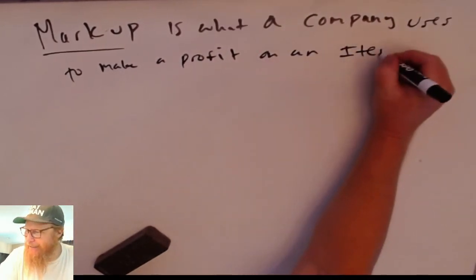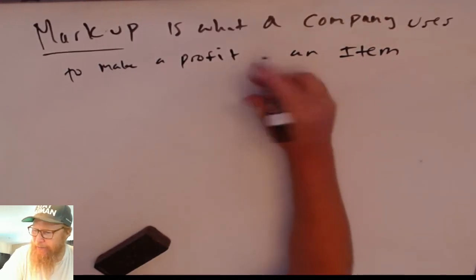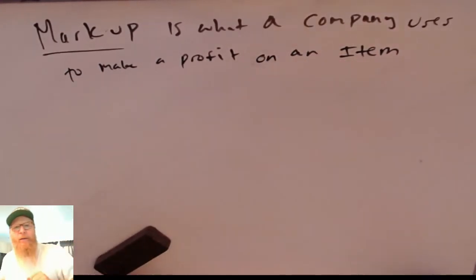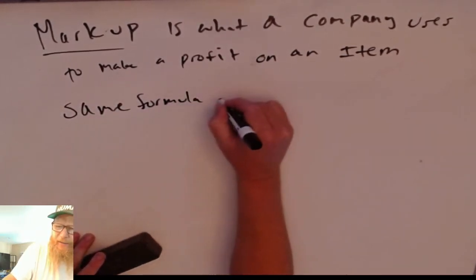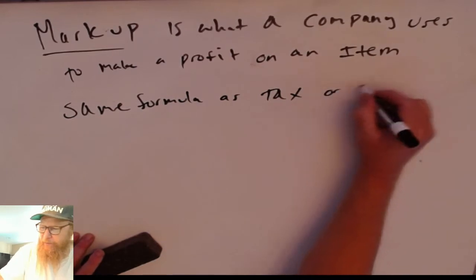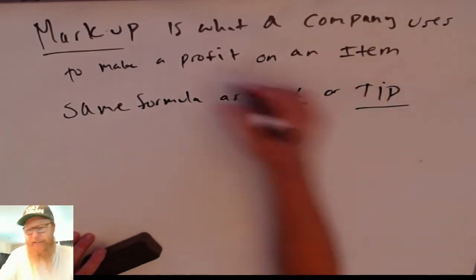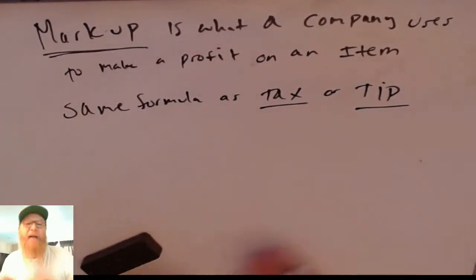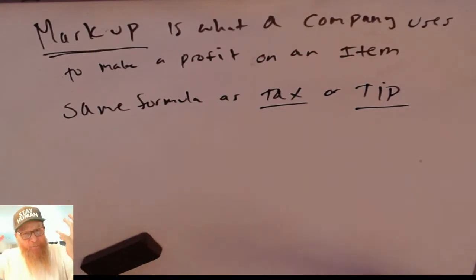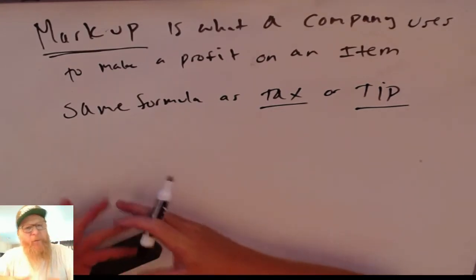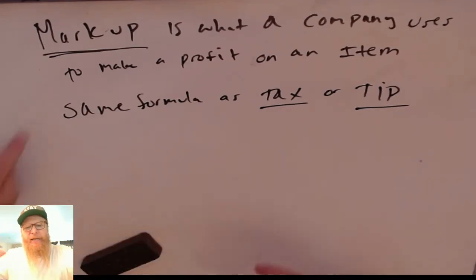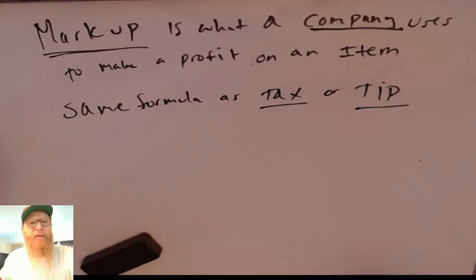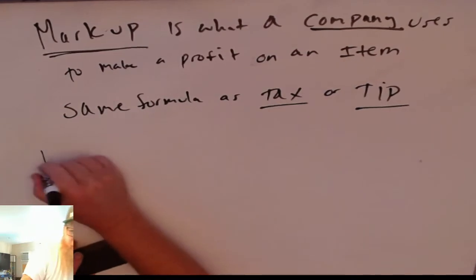I always hate spelling the word business. It's kind of like tax. So we use the same formula as tax or tip. A tax, a tip, or a markup are all exactly the same formula. You're taking some base price called the principal or the original price, and then you're marking it up. In the case of a company or a retailer, they're marking up what we know as the wholesale price.